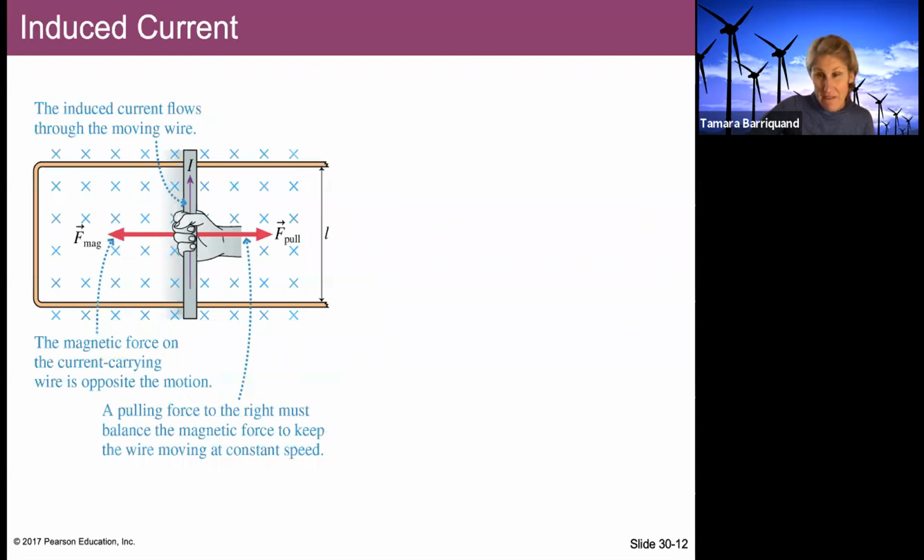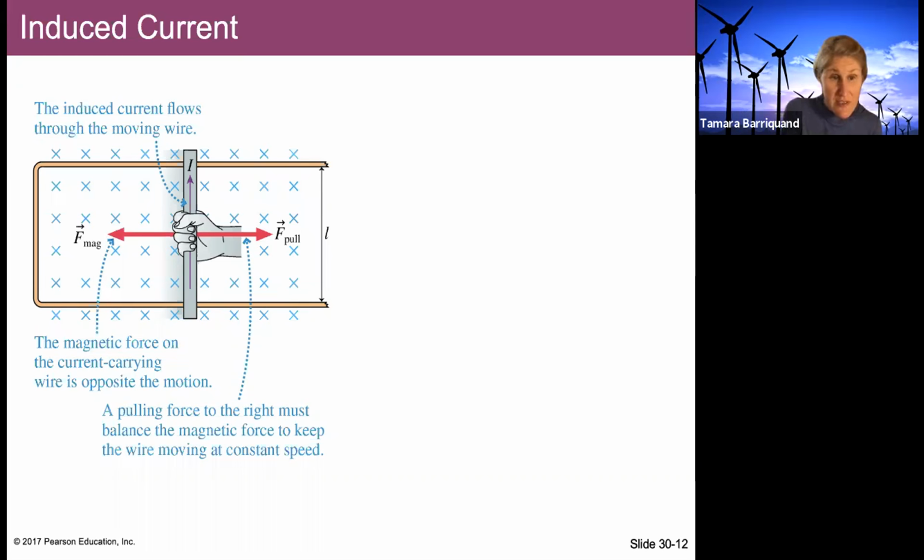So now we know that we have this induced current, and we have to somehow keep that wire moving. So the induced current is flowing through the moving wire, and there is a magnetic force, as we know from the fact that qv cross B gives us our magnetic force. And that is going to be opposite the direction of motion.